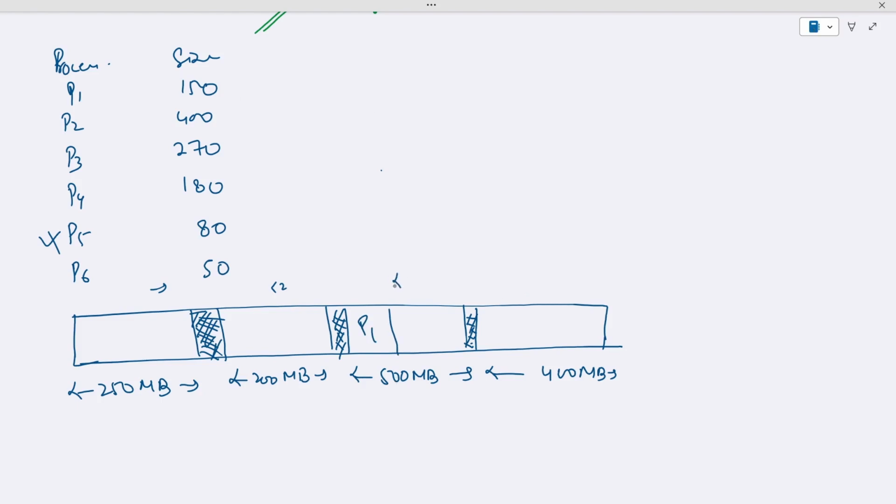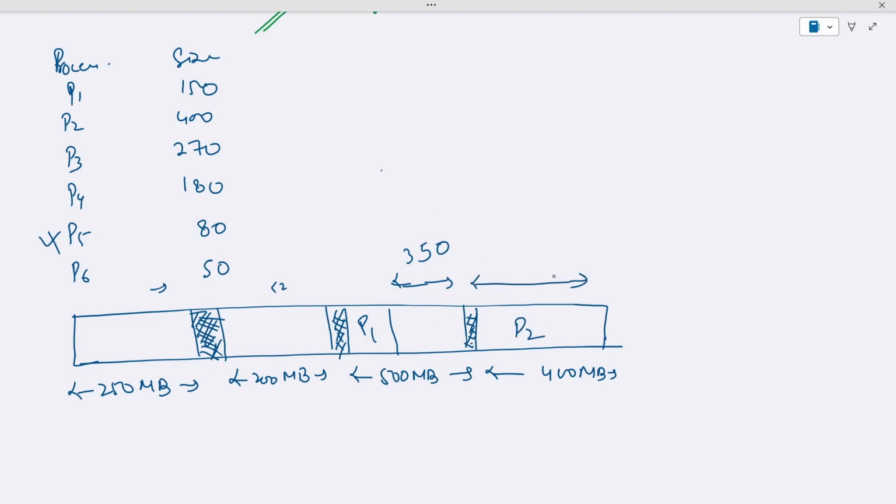And the space left is what? Here 500 minus 150 means 350 MB of space is left. P2 is 400, a very high space. We cannot put it in the first block, second block, or third block. There is only one block left, so definitely we have to put P2 over here.